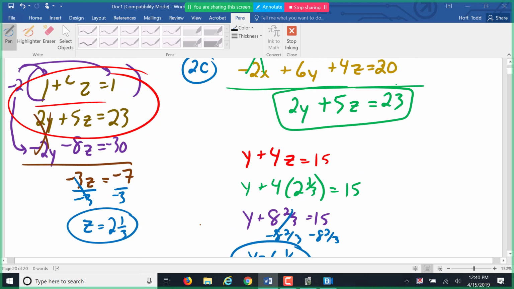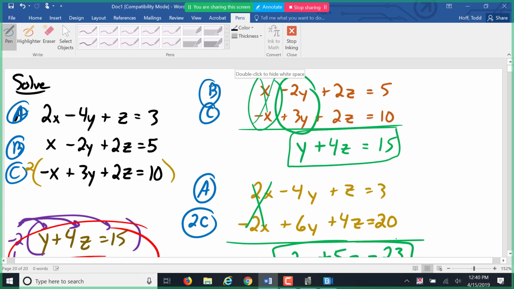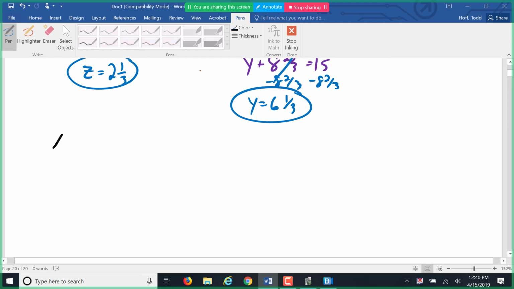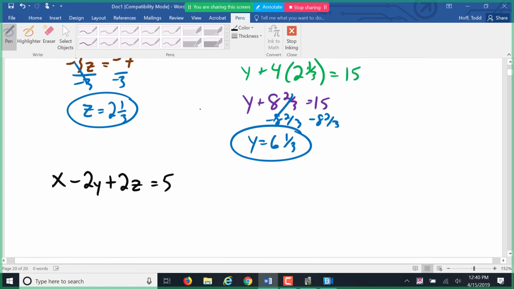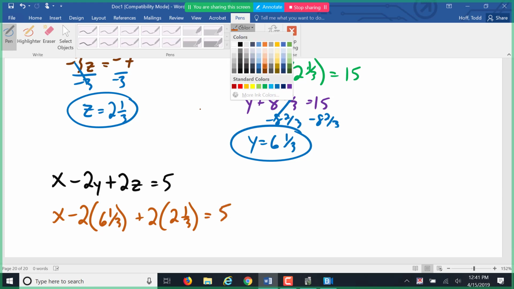Now we have to go back to one of the original equations to find X. Doesn't really matter which one we use. Let's use this one here. X minus 2y plus 2z, I should say, equals 5. So negative 2 times y is going to become 6 1/3, plus 2 times z becomes 2 1/3, equals 5.